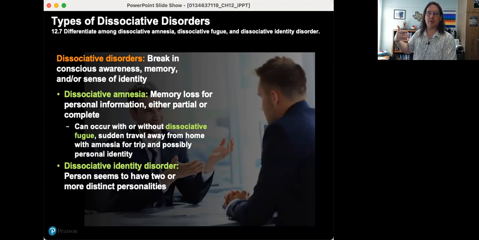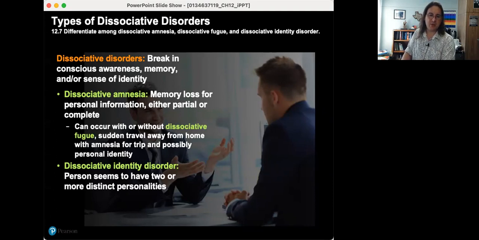Their awareness completely steps away from them. And then they'll get on a bus and travel across the country and become homeless for a while and then realize that their memory comes back. Okay, so there have been reports of that having occurred. So that's dissociative fugue.